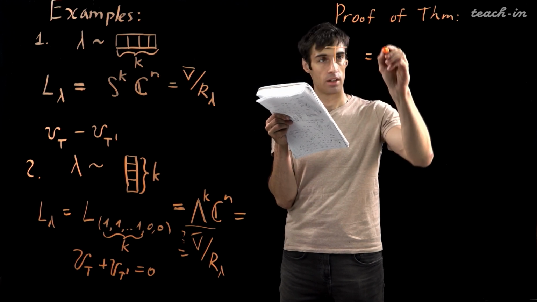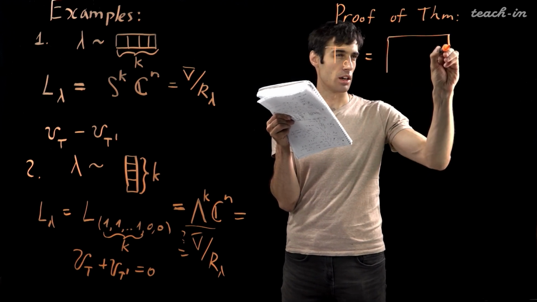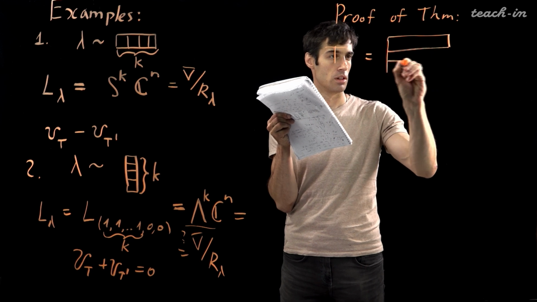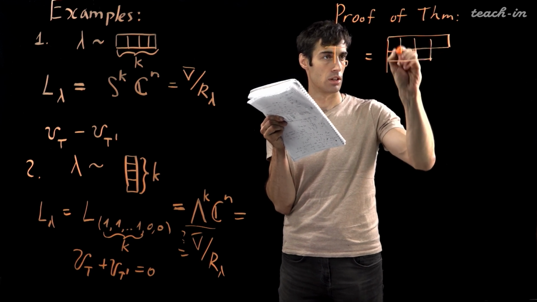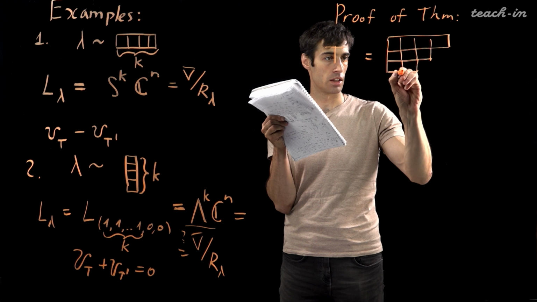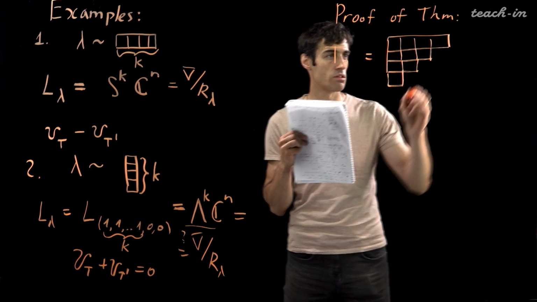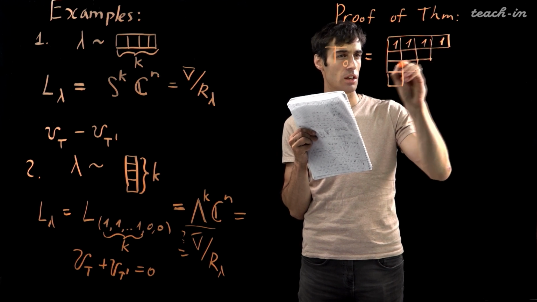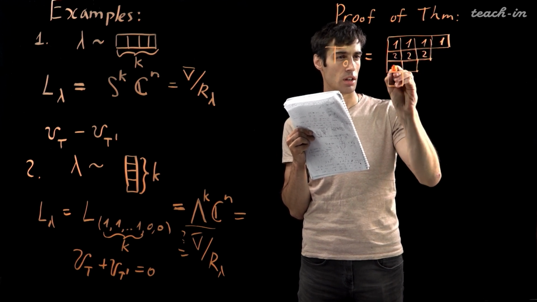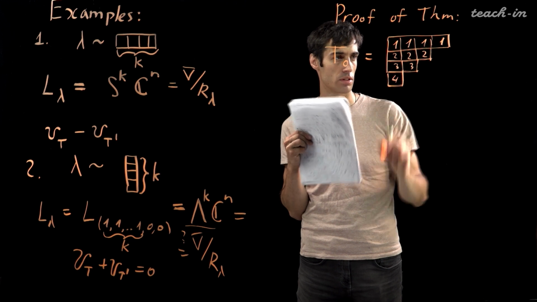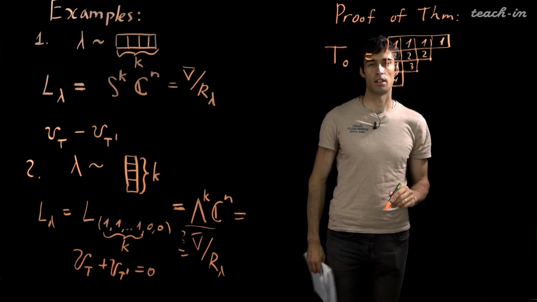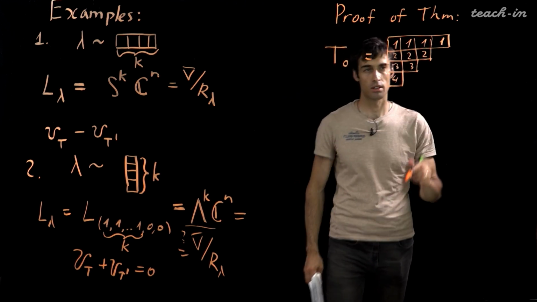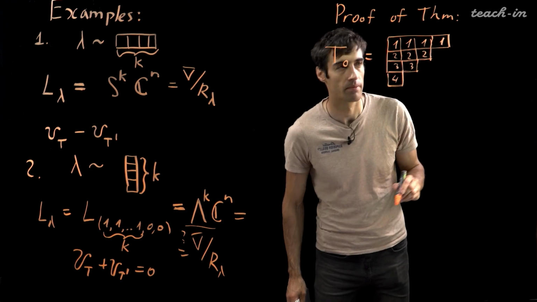And then I just take my diagram lambda and fill numbers like that. In the first column, I will put 1s. In the second, 2s. And then 3, and so on, 4. And if I have more, I proceed in this way.